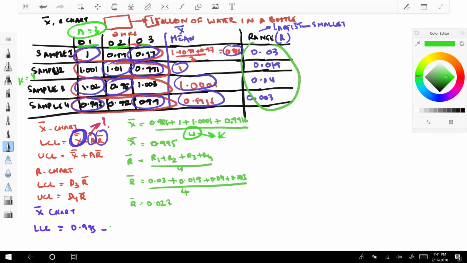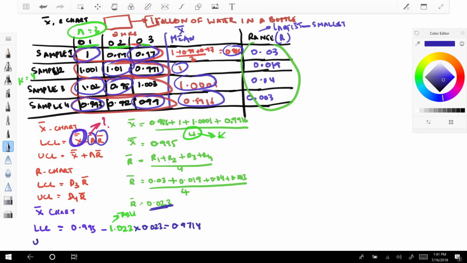That's our A, from the table, multiplied by R bar, which is 0.023. This is going to give us 0.9714.